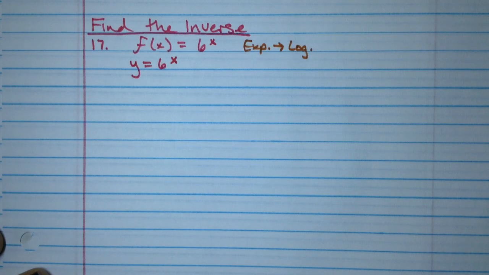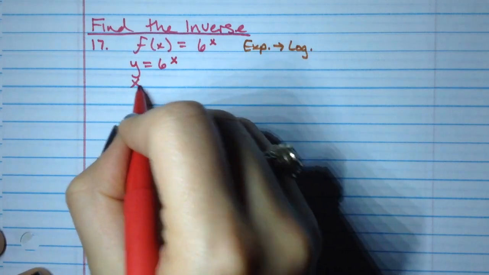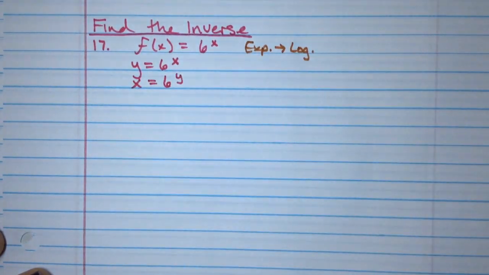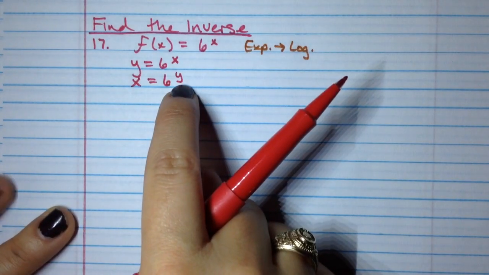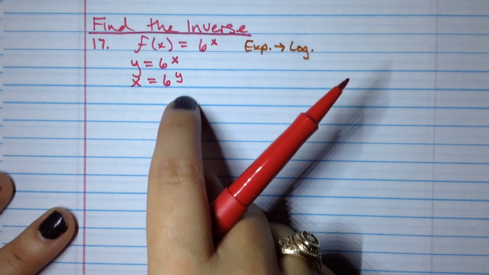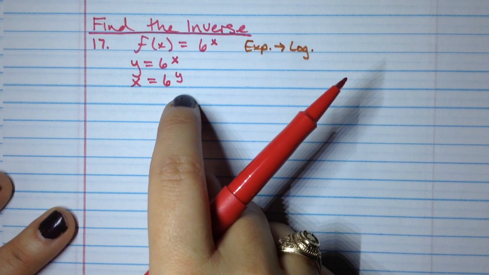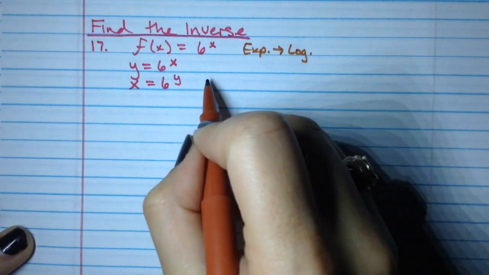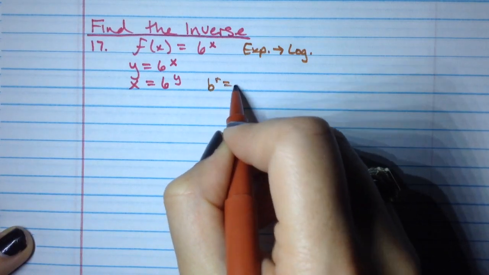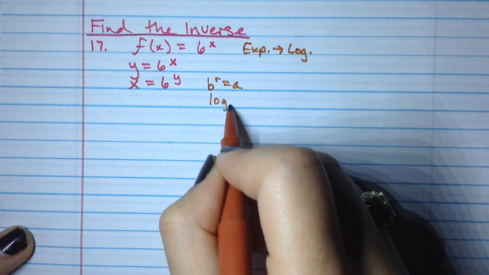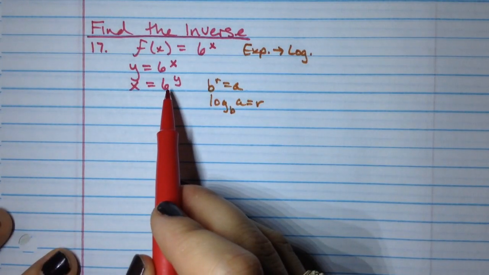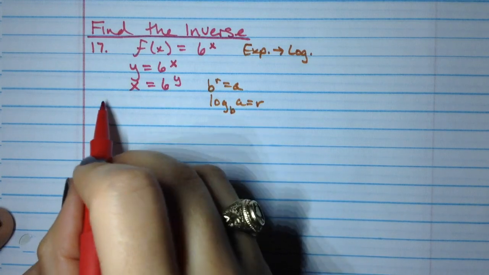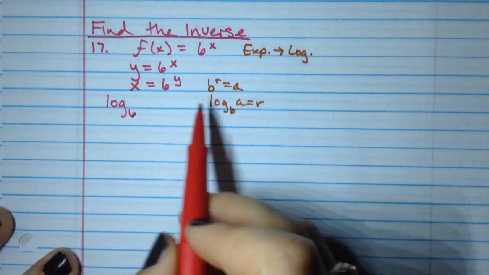So we write this as y equals 6 to the x. Finding inverses, first step is replace the f of x with y. Second step is to switch the x's and y's. This should sound familiar. And now my job is to get it to say y equals. The only way I can get this y to be by itself is if I rewrote this into logarithmic form. So the b is 6 since it has an exponent, so this would be log base 6.